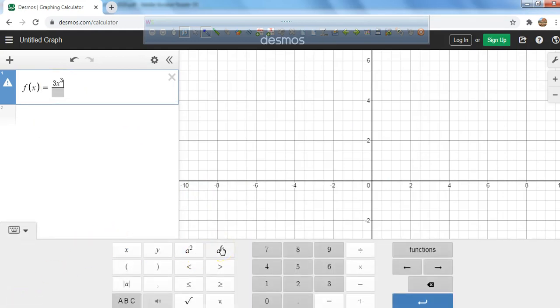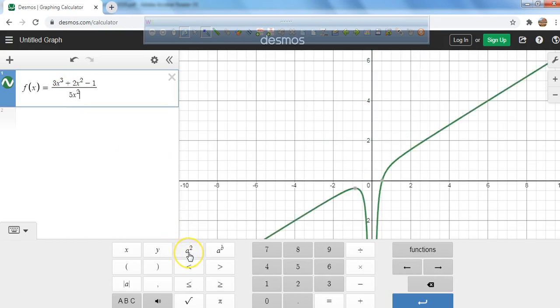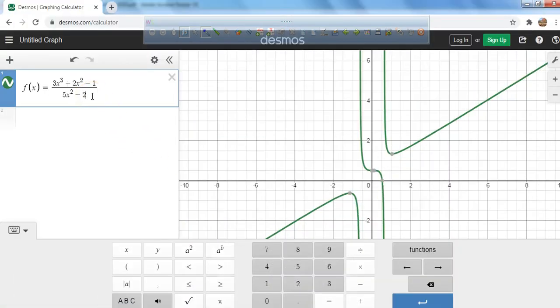Really, it doesn't matter, but I'm just going to make sure I get it right here. All right, now it's all being divided by 5x squared minus 2.